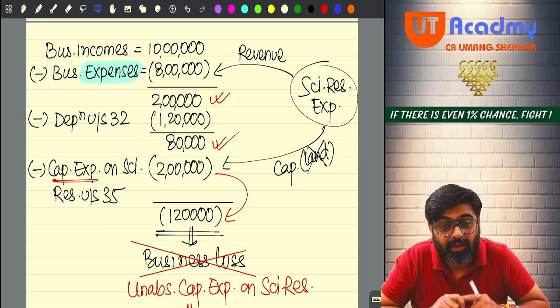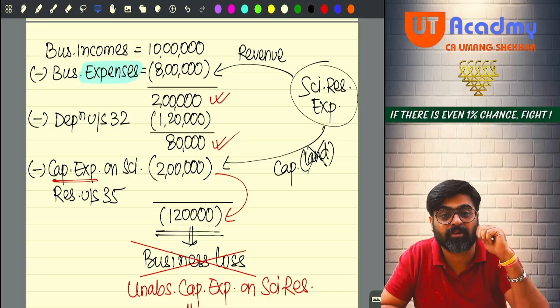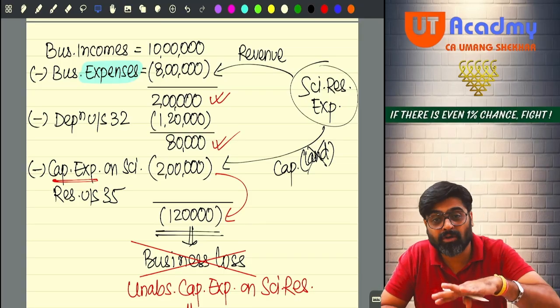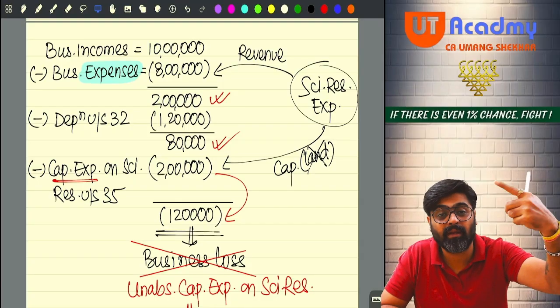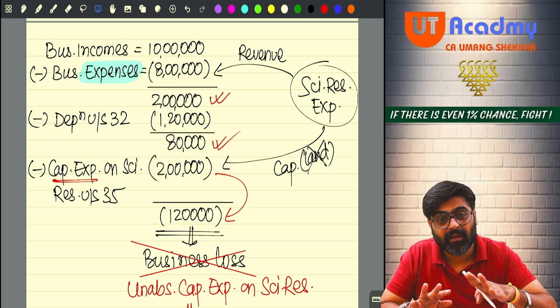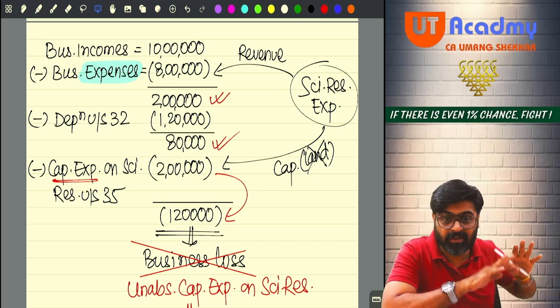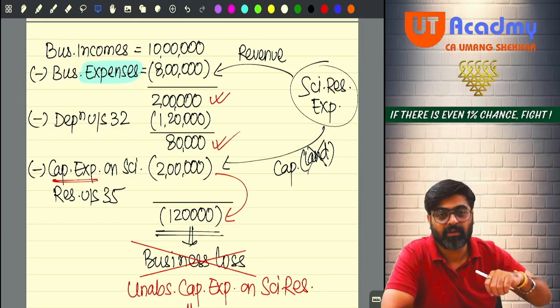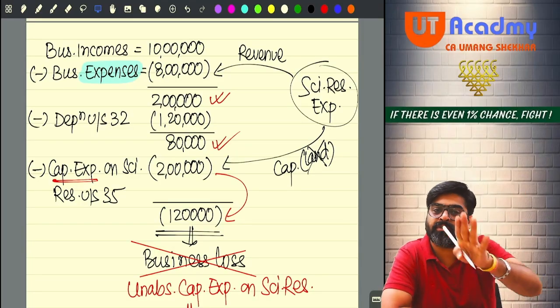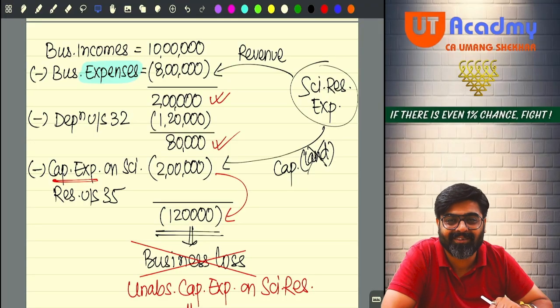So first claim the cost of those assets which are used in the normal business operations. But that cost will not be allowed fully. That cost will be allowed in the form of depreciation. Then claim that cost of those assets which are used in your business only, but for scientific research. Claim that entire cost of that asset, but after the claim of depreciation.